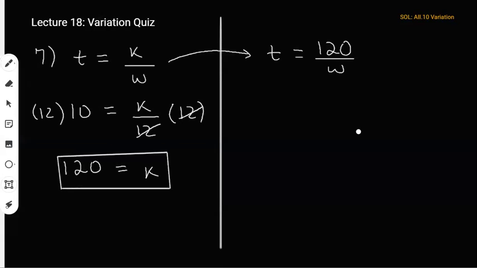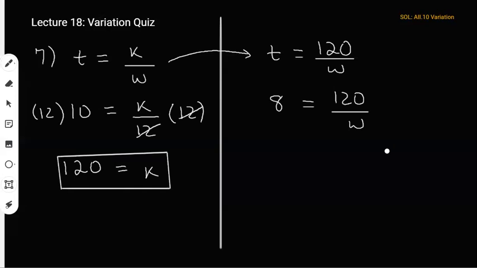So then the last thing it tells me is find out what w is when t equals 8. So I'm going to let t be 8, keep the 120 at the top, and the w is at the bottom. So I want to get w by itself now. I need to figure out what number I need to divide 120 by to get to 8.